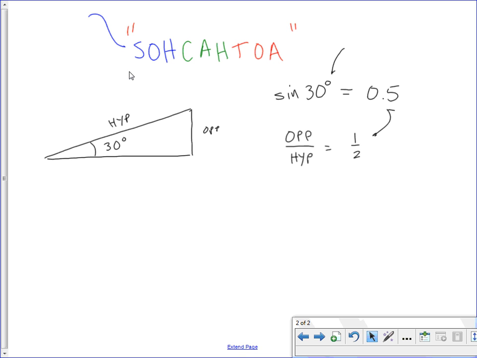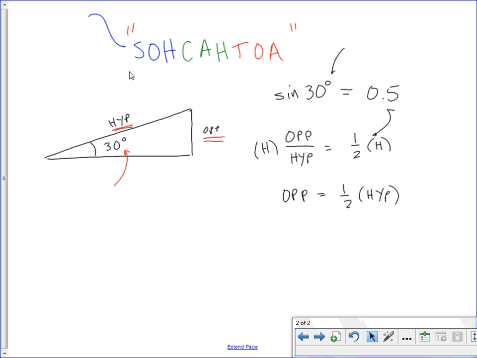Which says that if I multiply both sides by the hypotenuse, the opposite has to be 1/2 the length of the hypotenuse. As long as this is a 30-degree angle, whatever length this is, it has to be half of that length.